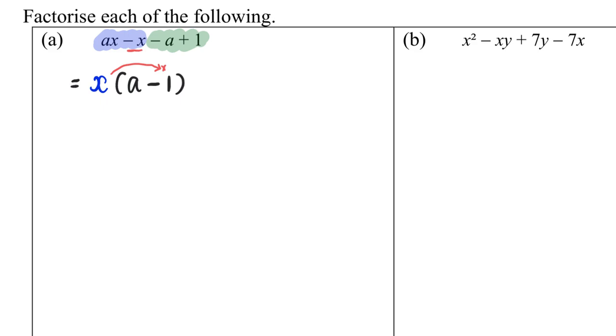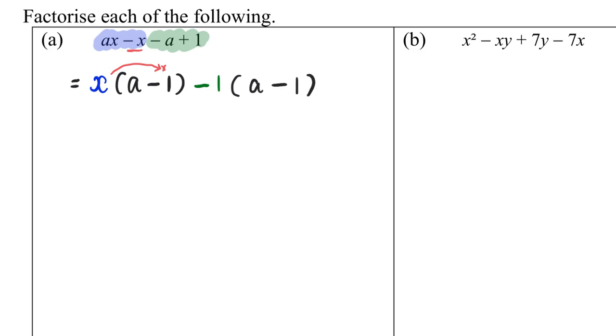So what do we do in this case? A, 1, A, 1. I'm going to take out negative 1 as the common factor. And when I do that, I'm left with a minus 1.